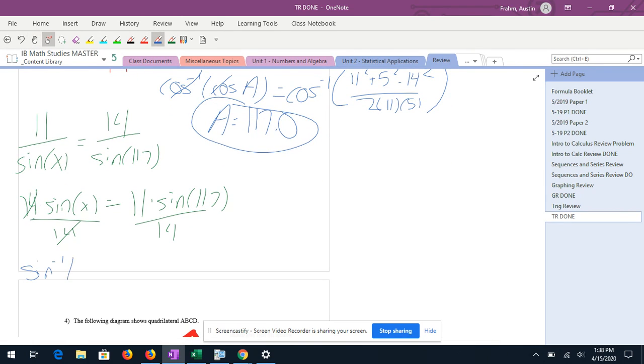So the sine inverse of both sides. That will get x by itself. So we need to do the sine inverse of all of this stuff.